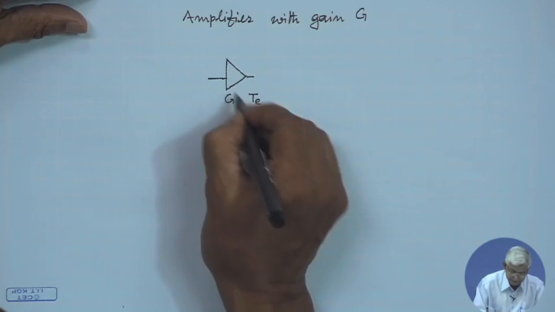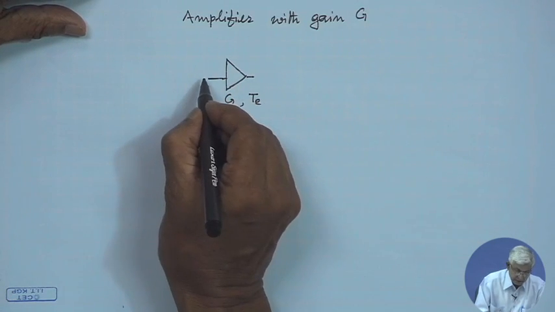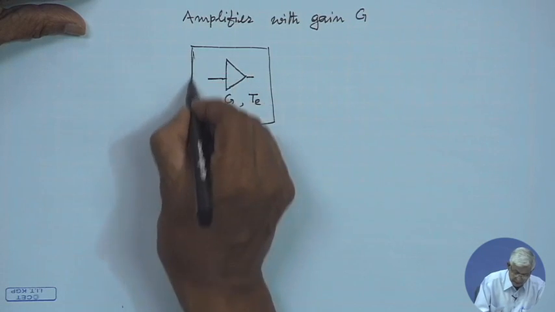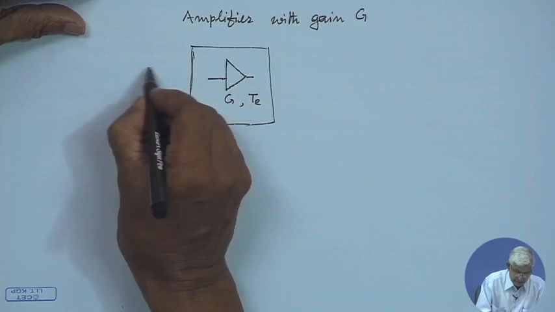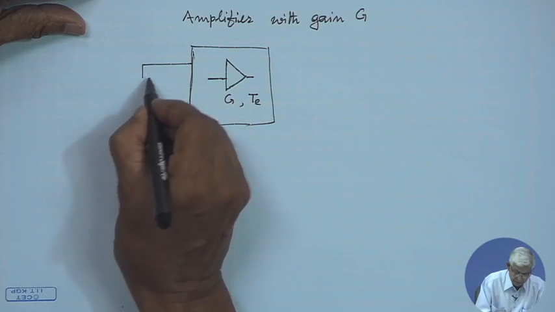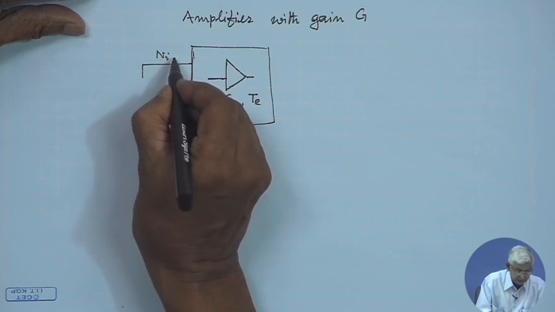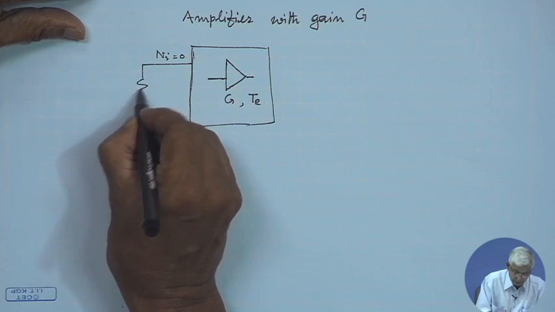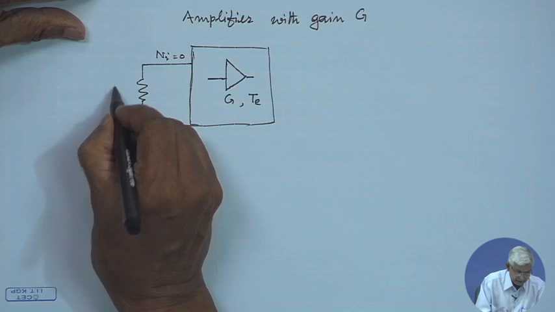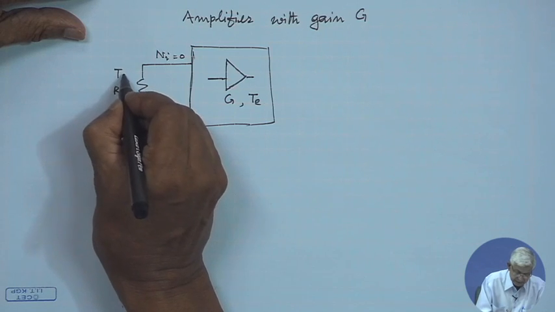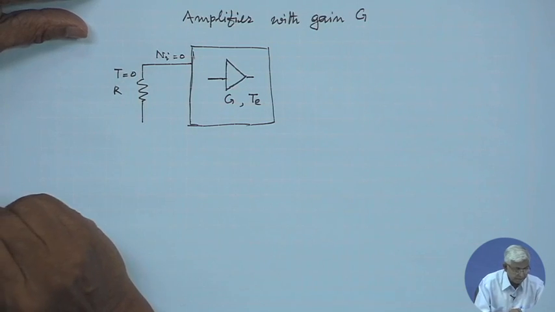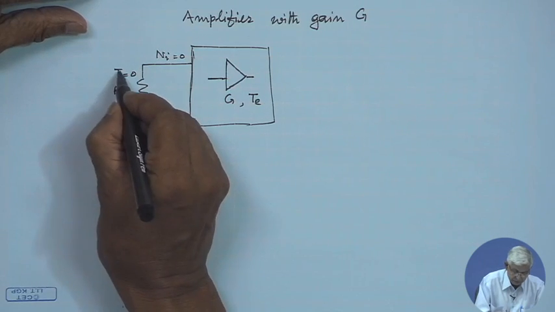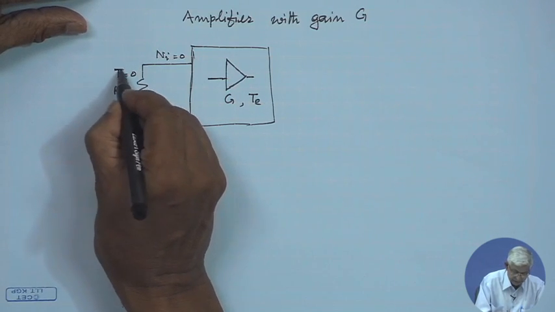So, it is the effective temperature TE. Now, this can be modeled as if this particular unit is having input noise power N_i equal to 0, which is generated by a resistance at T equal to 0, whichever way.